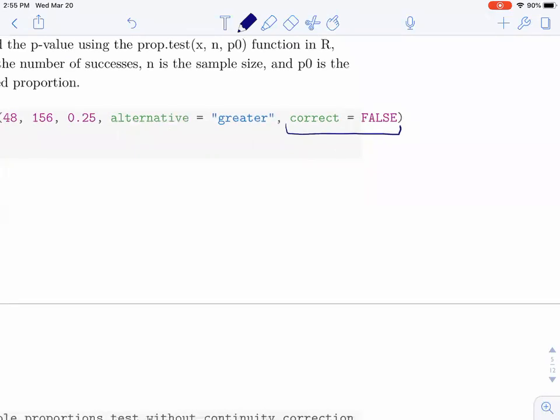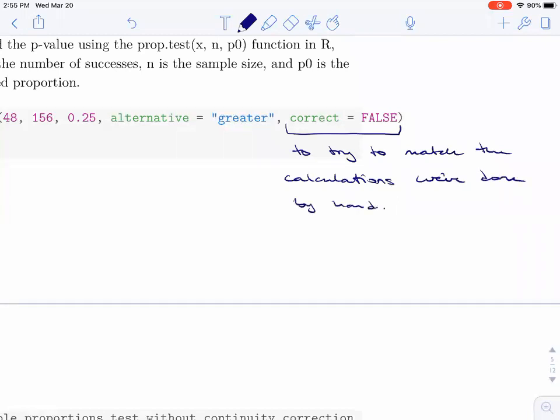But this is just to try to match the calculations we've done by hand. Otherwise, it throws in a continuity correction, which we don't do when we do it by hand, but is easy to do on the computer. So I just added the correct equals FALSE. But if you don't have it in there, it doesn't matter.